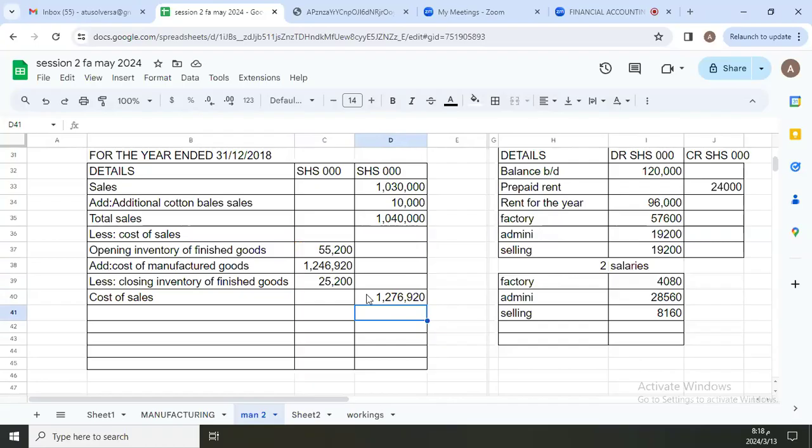After getting this, I get my gross profit. My gross profit will be this minus this. So it is not a gross profit, but rather a gross loss. We are together?